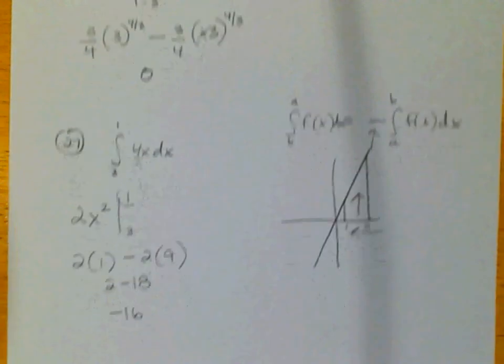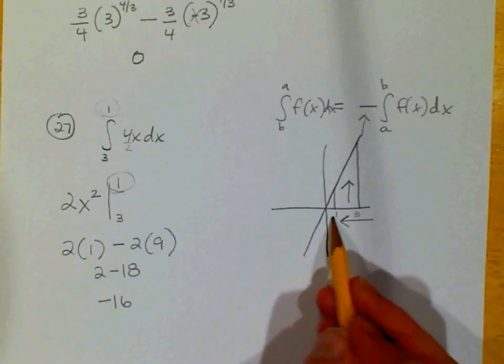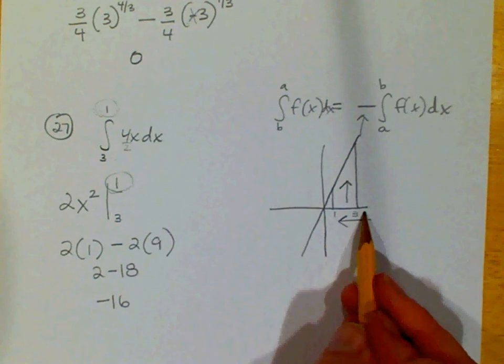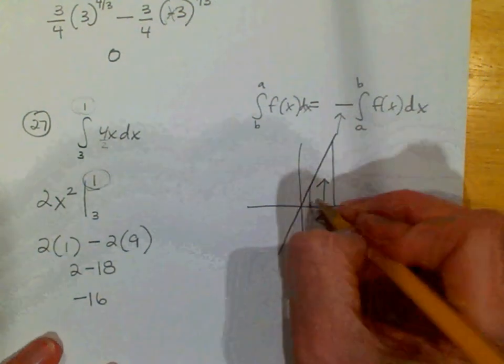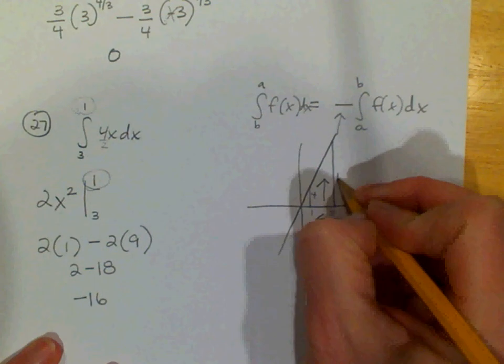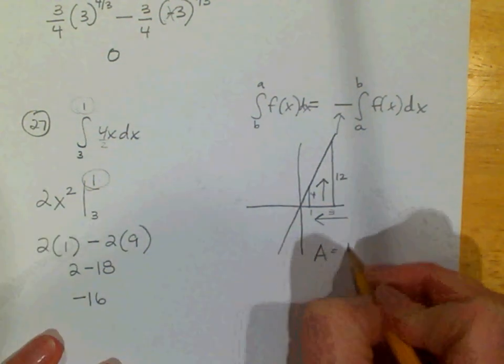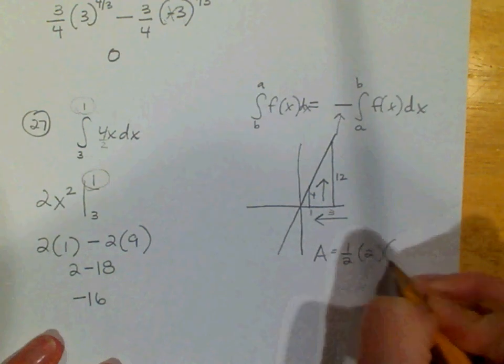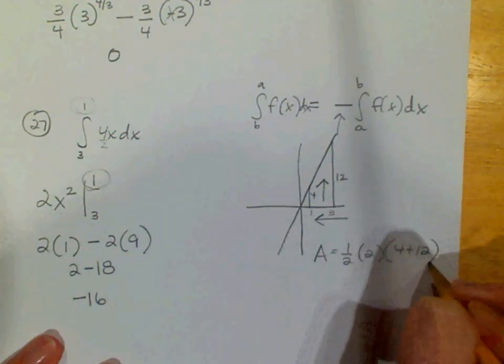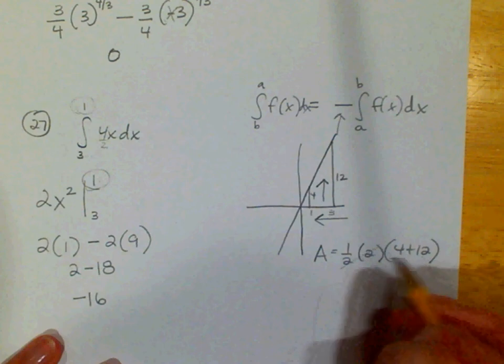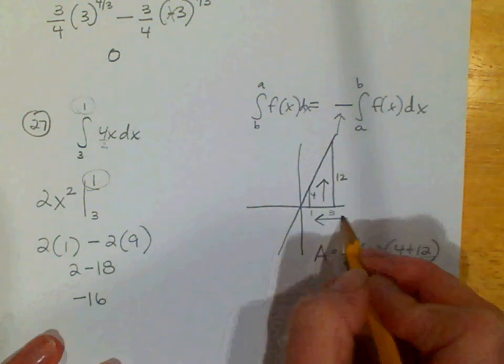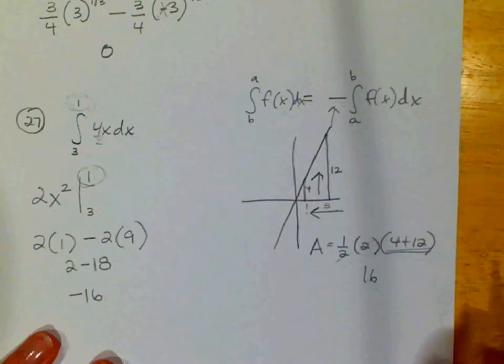If I were to just double check that over here, if I substituted in a 1, this would have been a height of 4. This would have been a height of 12. So the area of my trapezoid would have been 1/2 times 2, 4 plus 12. This would have given me 16, but then we had to recall the direction that we had. So the integral would have been negative 16.